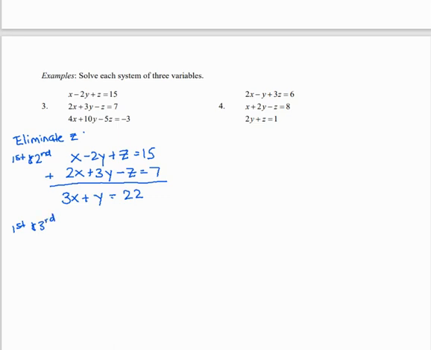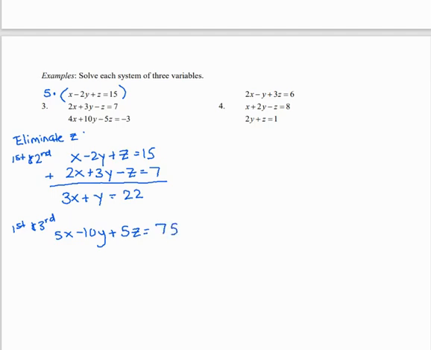However, to get z's to be opposite coefficients, I need to multiply that first equation by 5. So when I do so, we get 5x minus 10y plus 5z equals 5 times 15, which is 75.